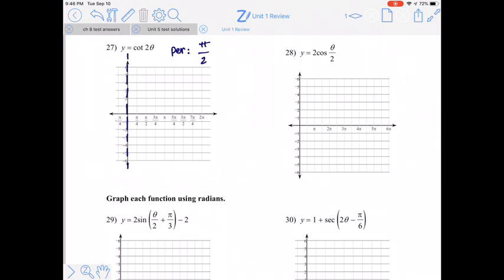The period is pi halves, so we're going to have another one at pi halves, and then at pi, then at 3 pi halves. All of those have a horizontal distance of pi halves, and that's where you place your vertical asymptotes. And the shape of the cotangent graph looks like this.